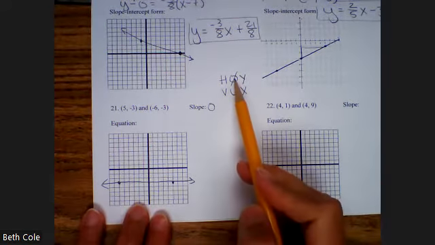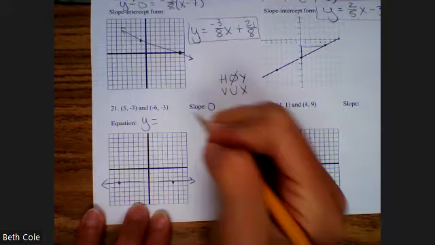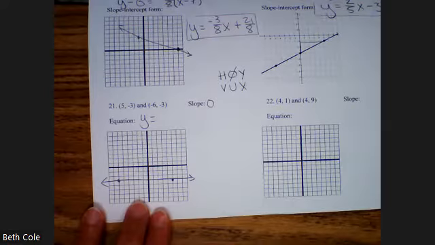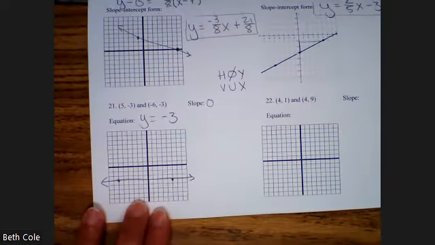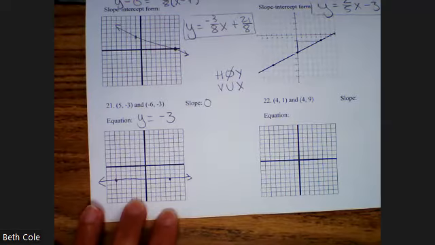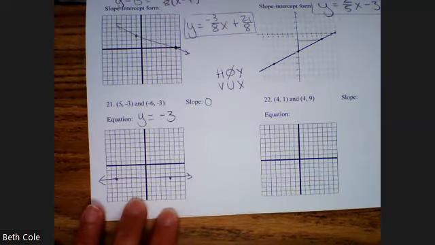Yeah, horizontal is 0, and it's going to be y equals, not 0. In this case, it'll be -3. It's wherever the line is. Oh, constant. Do you remember the constant one on the front page? Just like that. Well, no, never going to be 0. It's always whatever number you happen to be at.